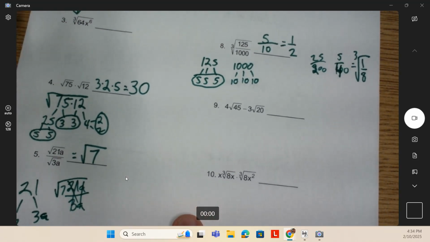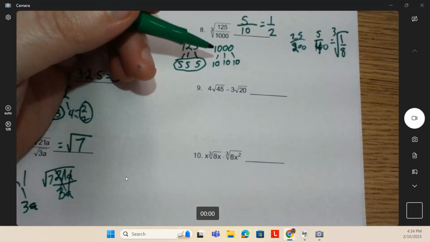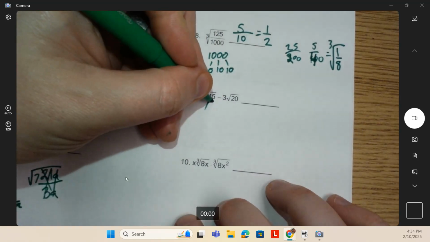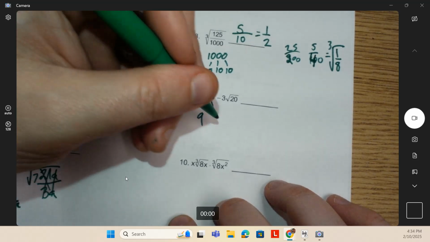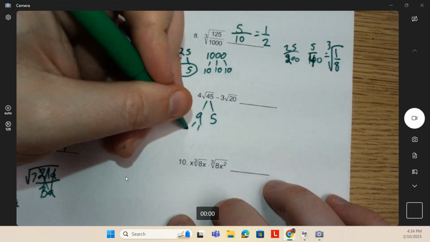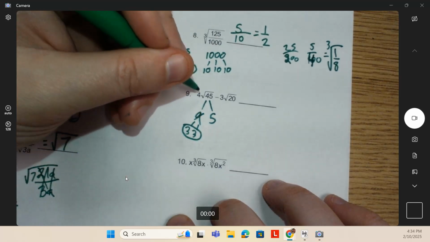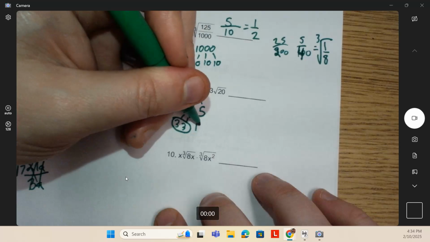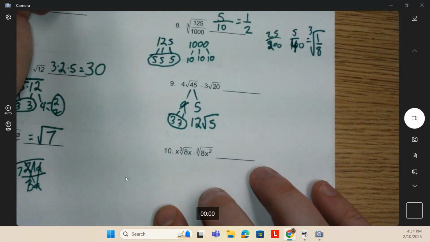Number 9, similar to number 2, but if you notice, I don't have the same number underneath there right now. So what I'm going to do is, let's see if we can simplify this a little bit. Maybe pull out a few pairs. So 45, I think of splitting up into 9 and 5. 9 goes into 3 and 3, which is a pair that'll multiply by that 4. So that gets me 12. 5 stays inside the house, so 12 square root of 5.